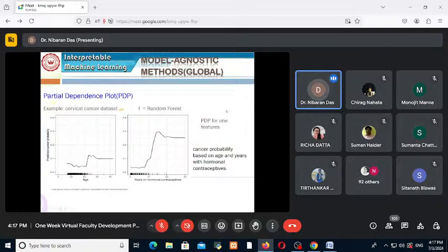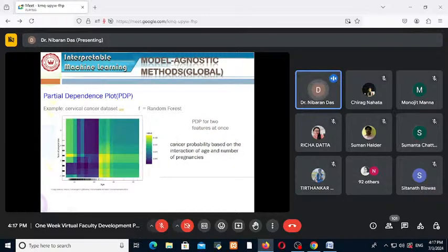Now the cancer probability based on age and years with hormonal contraceptives, that is, how many years they have been taking contraceptive pills. If you notice, after 10 years the probability is increasing, and then it remains more or less the same. Now, if we want to make the partial dependence plot with two features, how could we do that?